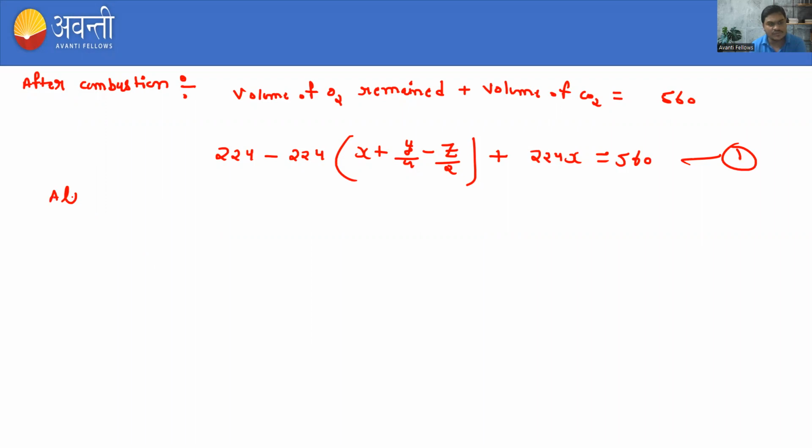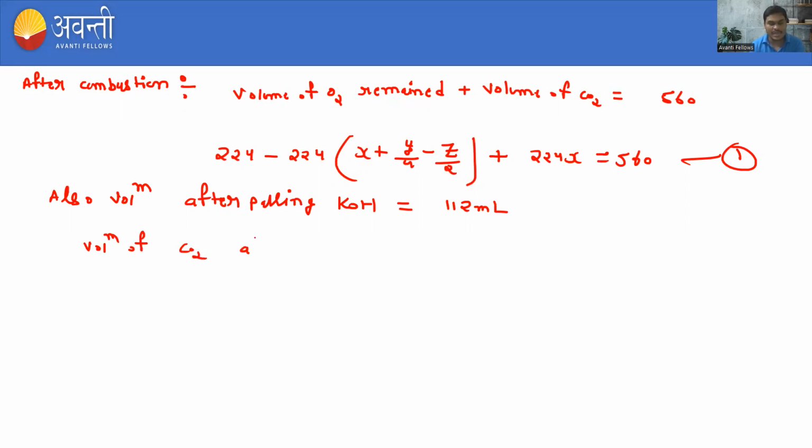Also, we know from the question the volume after passing KOH is equal to 112 ml. So what is the volume of CO2 absorbed?